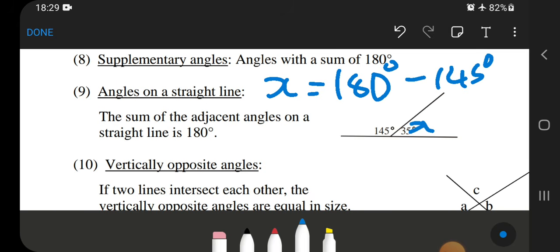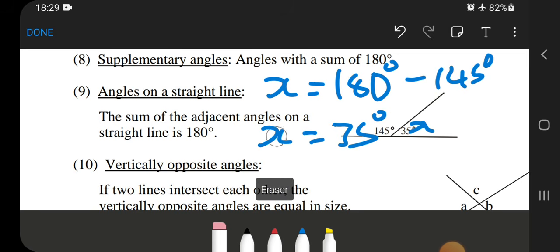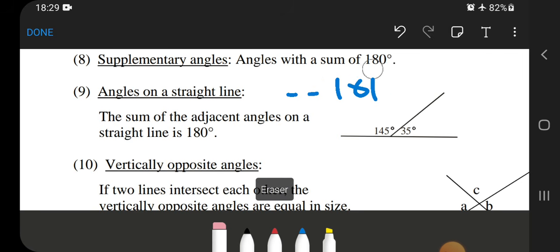Or you can just say supplementary angles, that is the reason, or you can say angles on a straight line, that is your reason. So then x will be equal to 35 degrees. Okay, so that's what you have to know.